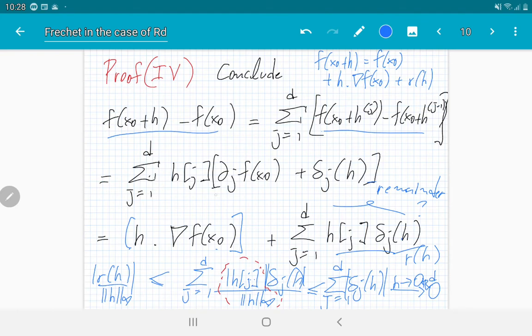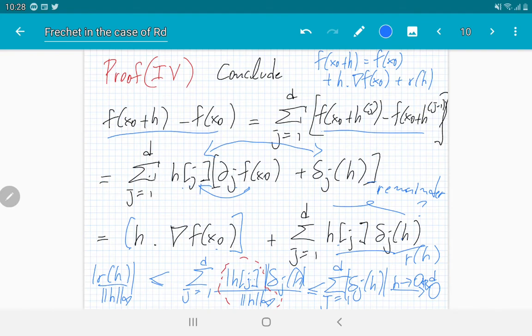So hopefully you can see why the inner product showed up here. I didn't say that explicitly, but it's just that I have the sum of the jth coordinate of h times the jth coordinate of the gradient, and that's the inner product of h and the gradient. And also, hopefully you can see why this goes to 0. Well, that's not quite an inner product, right? Well, it is an inner product, but the important thing is that it's an inner product of h with a vector that has coordinates equal to delta j of h.